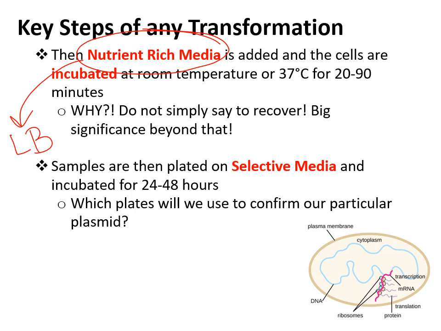So the big significance of this step, the nutrient-rich media incubation, is to allow the cell, the bacteria, to replicate and transcribe and translate the plasmid DNA. Okay? The big significance is that the cell needs time to make the selective proteins, the selective proteins of that plasmid.